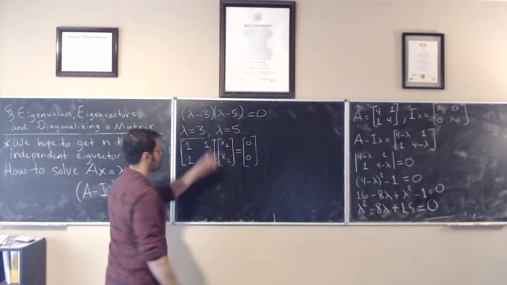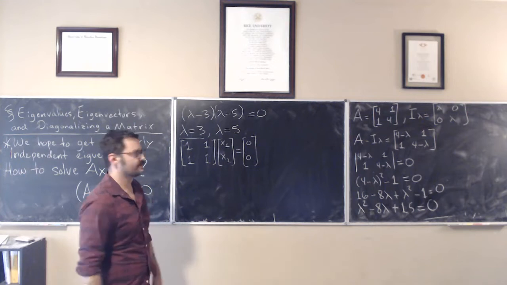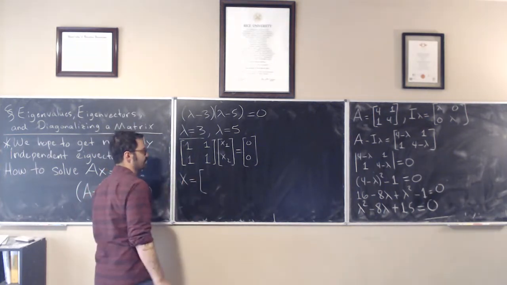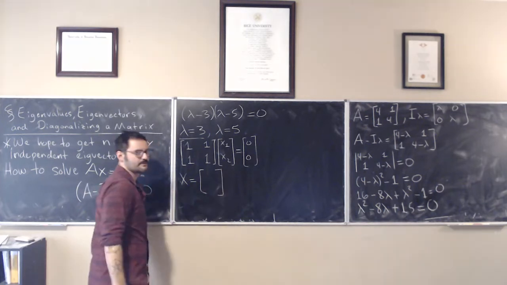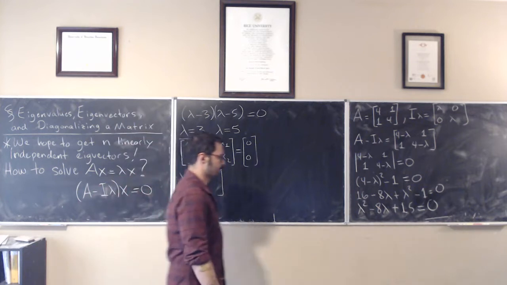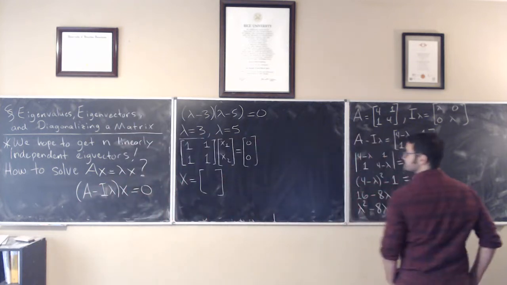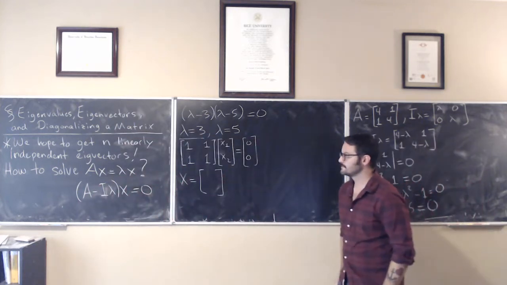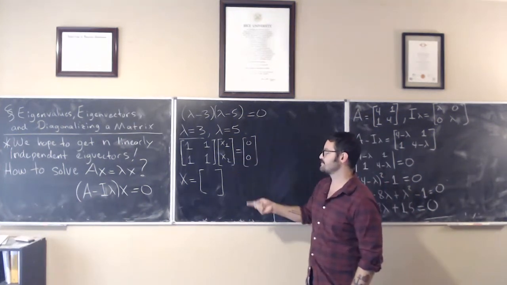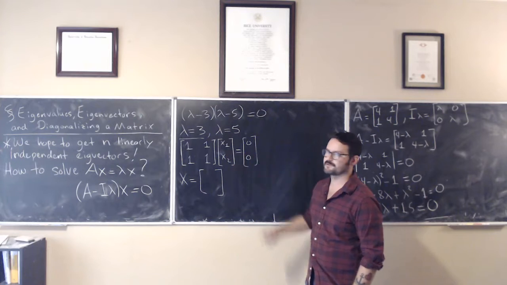So what is a solution here? We can just look at it and guess one. Just pick an x1 and x2 to make it the zero vector.